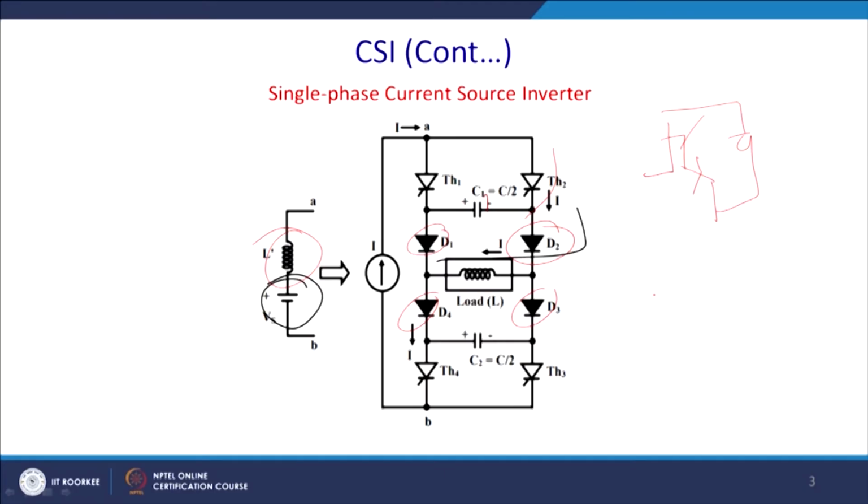Current is unidirectional, it can flow in one direction, and it should give an alternative path for bidirectional flow. The construction and operation of this CSI are quite simple, but the only challenging task is that you require a very high value of inductor to make a constant current source.